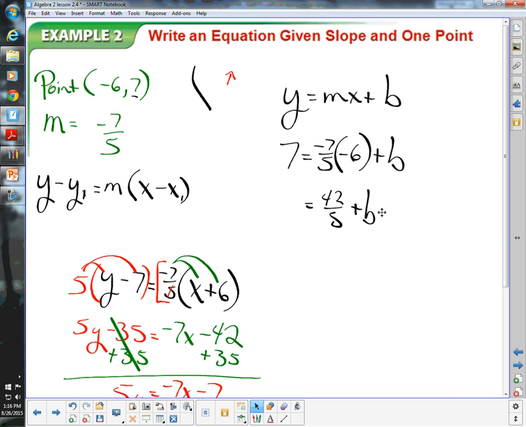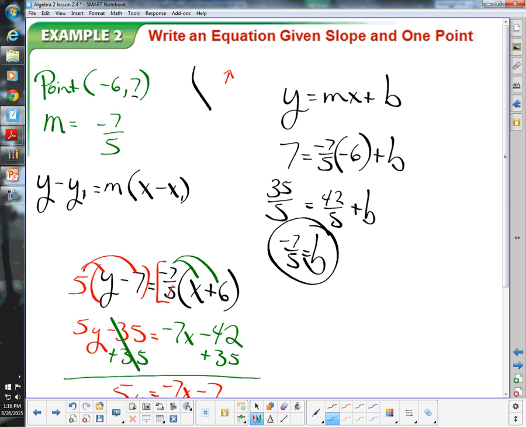What's 7 times 5? 35. This is 35 fifths. Now we're ready to subtract 42 fifths from 35 fifths. Negative 7 fifths.